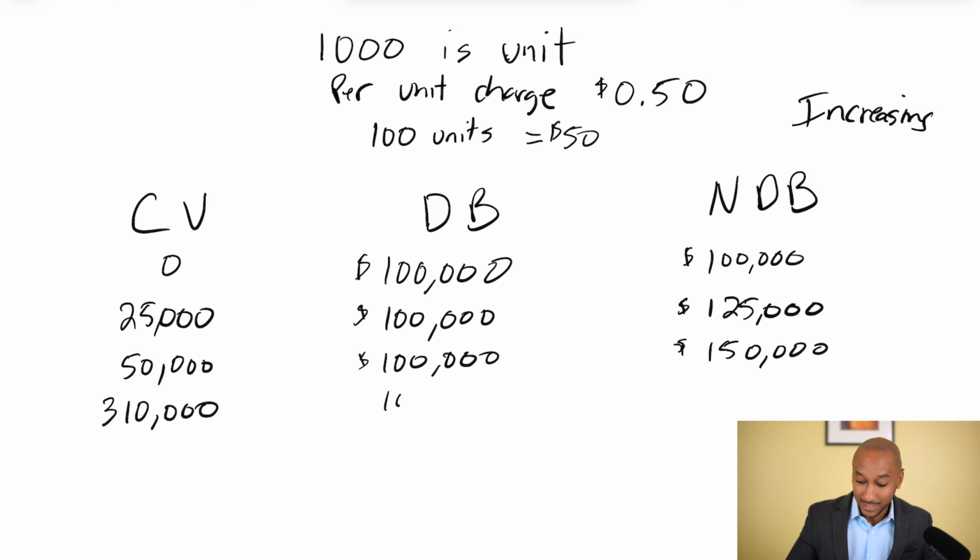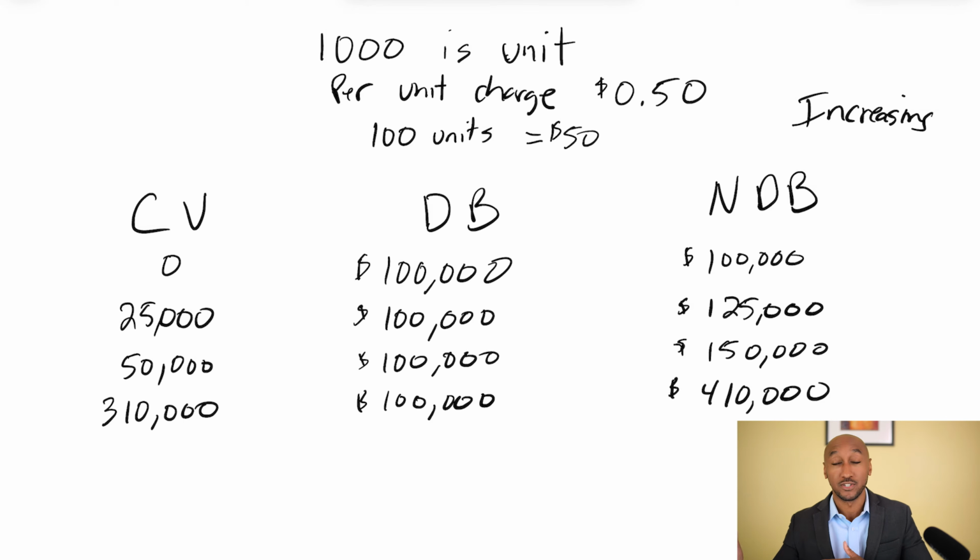My death benefit is still $100,000. Now my net would be $410,000, which would pay out to my beneficiary income tax free. So that's an increasing death benefit. So obviously you can see you do get your cash value plus your death benefit paying out to your beneficiary.